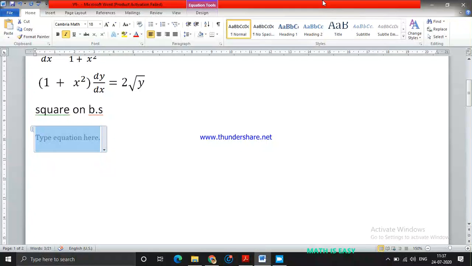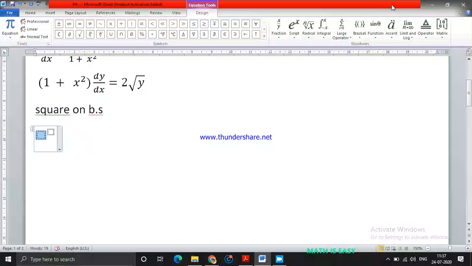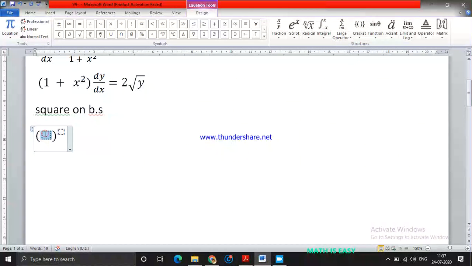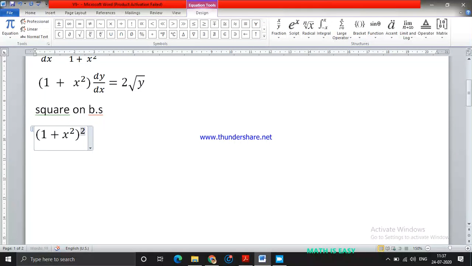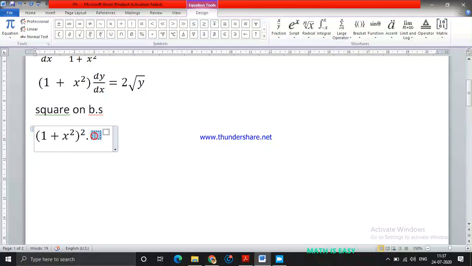Okay, if I do square on both sides, what we get is 1 plus x square whole square into dy by dx whole square.